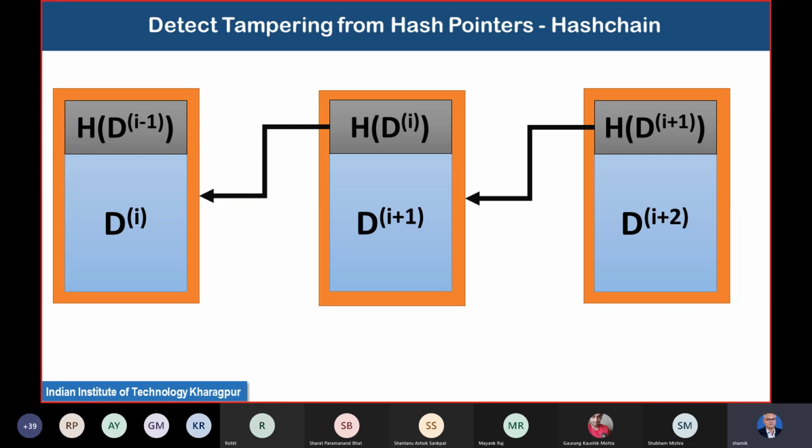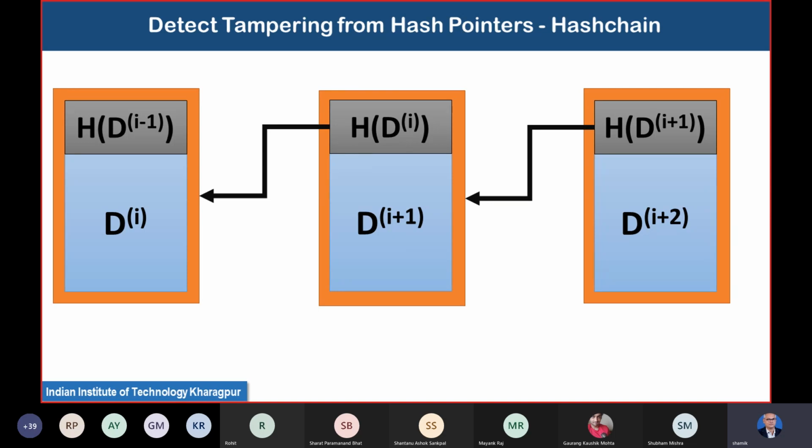But there is the catch that, as we'll see, these HDIs, these hash pointers, are generated in such a way that it is not simply based on the data DI, but it will also have to satisfy certain properties, like the number of leading zeros. As we have seen, if the number of leading zeros is large, then generating the appropriate hashes will take time.